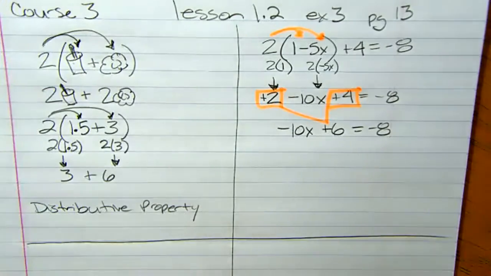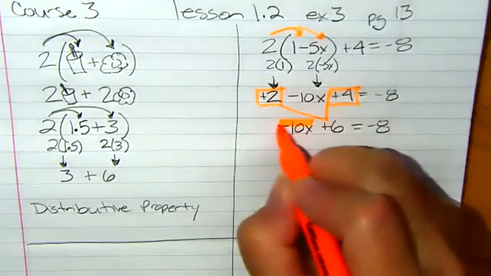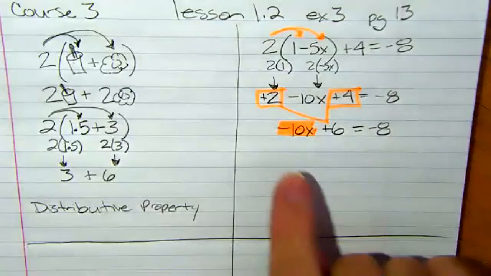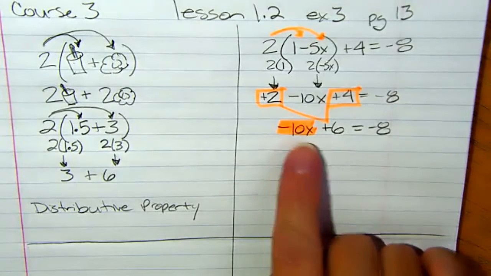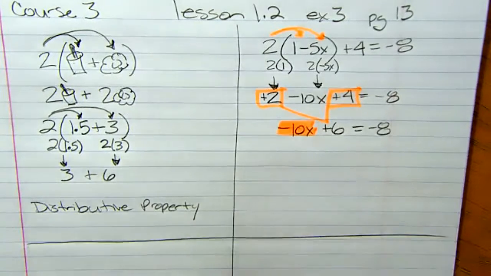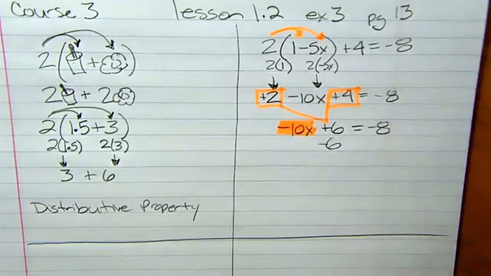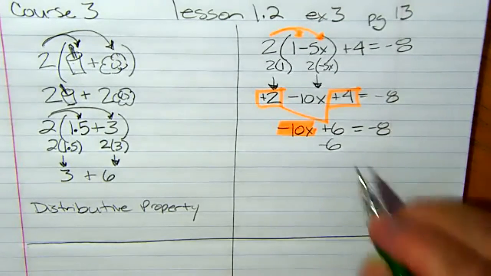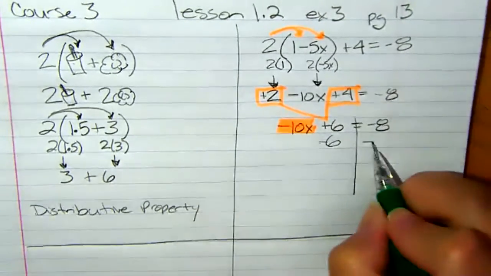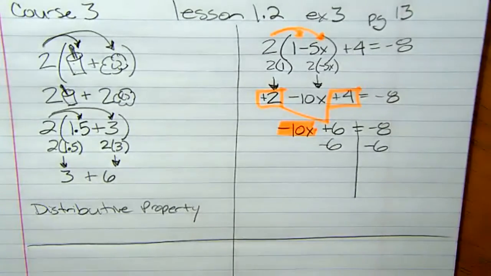Now this should look like what we did on Monday. We need to isolate this variable, but first we need to undo the addition and subtraction. So to undo positive 6, I need to subtract 6. What I do to one side, I must do to the other.